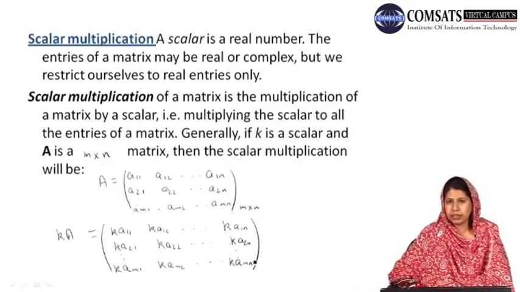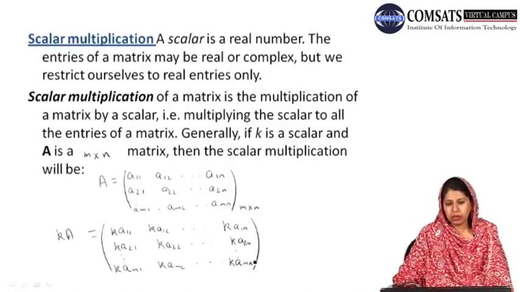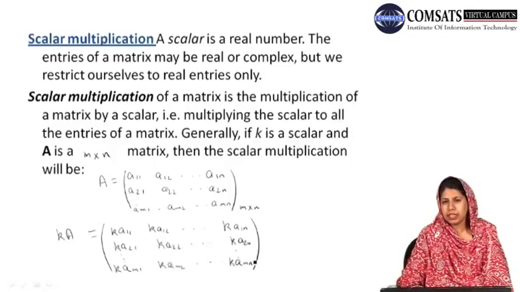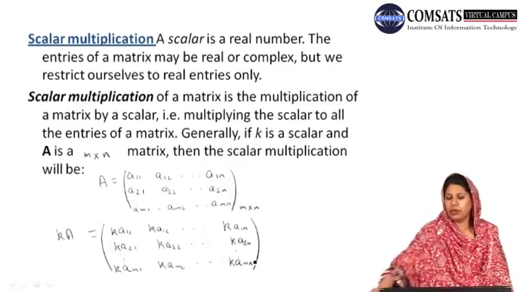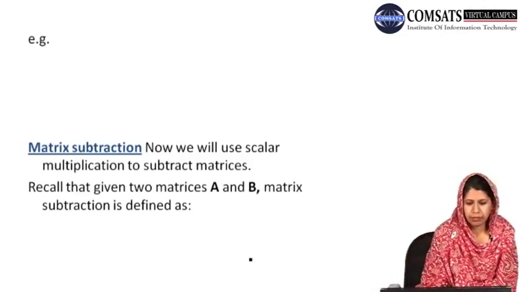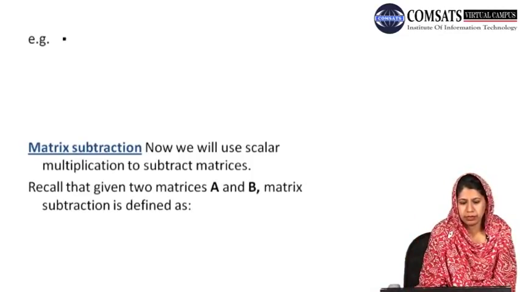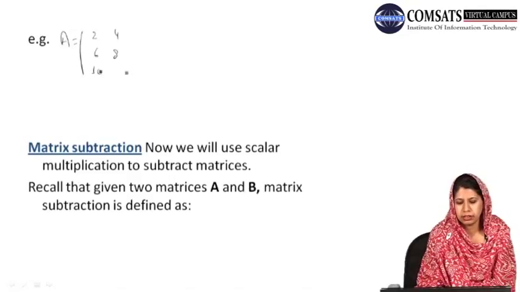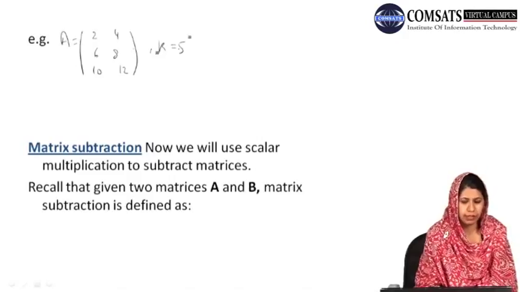So what do we mean by the scalar multiplication of a matrix? We have a scalar, a real number, which may be positive, negative or 0, and we multiply this scalar with each entry of the matrix. For example, we have our matrix A as 2, 4, 6, 8, 10, 12, and our scalar K is, let's say, 5.